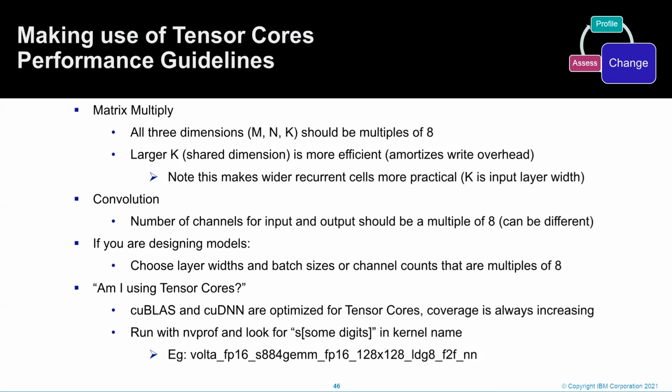So you have to make sure that the dimensions of your tensors and your layers should be multiples of 8. And they have to be quite large. Okay. Same for the convolution layers. So the number of channels for input and output should be a multiple of 8.